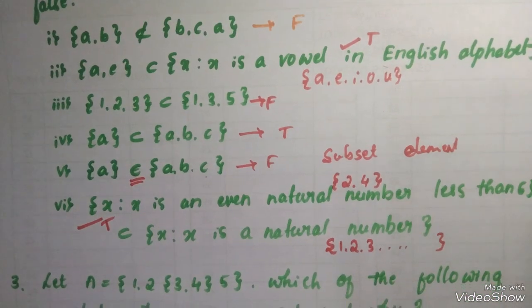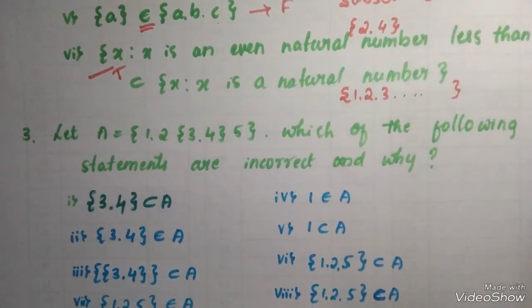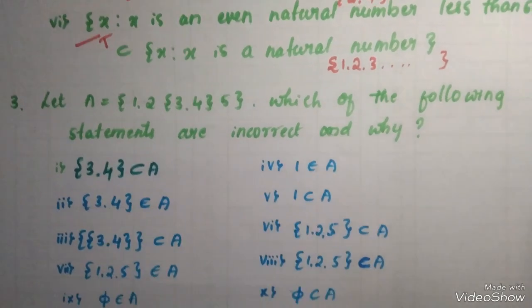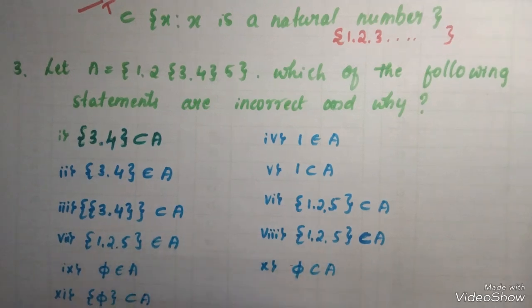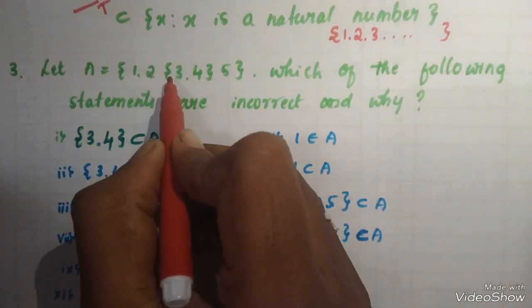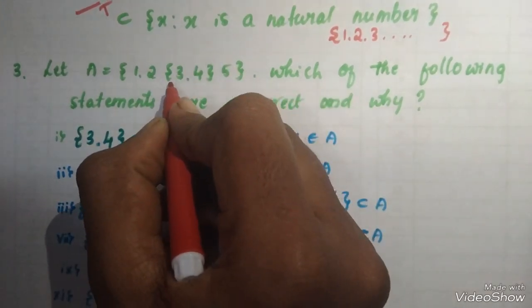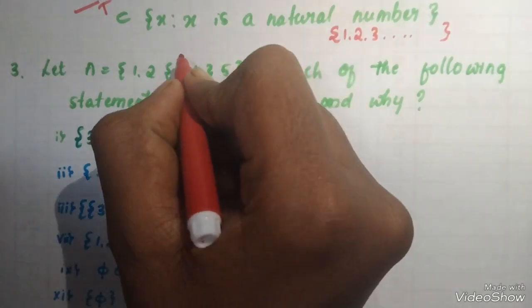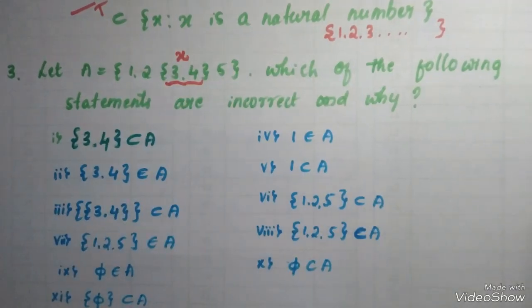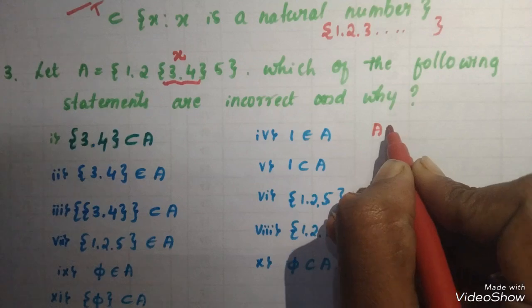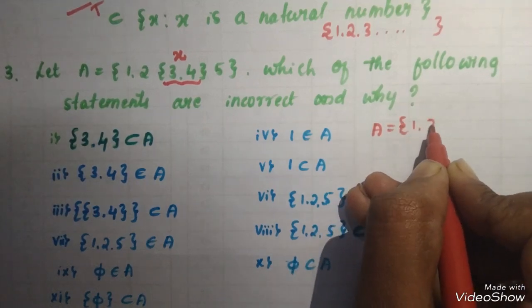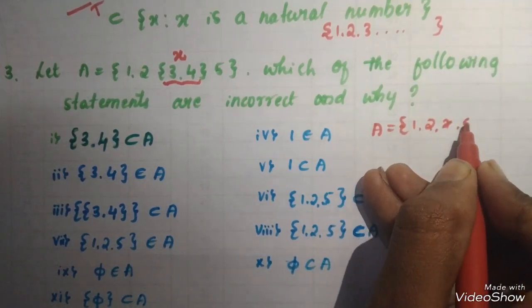Now, the third question. Let A be a set containing the elements 1, 2, 3, and in that set there is another set. So I will consider the set {3, 4} as an element X. Then I will rewrite it as A = {1, 2, X, 5}.